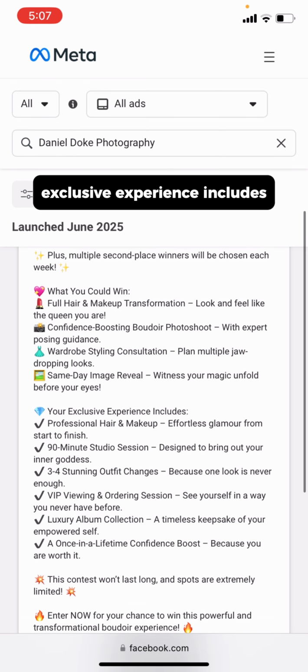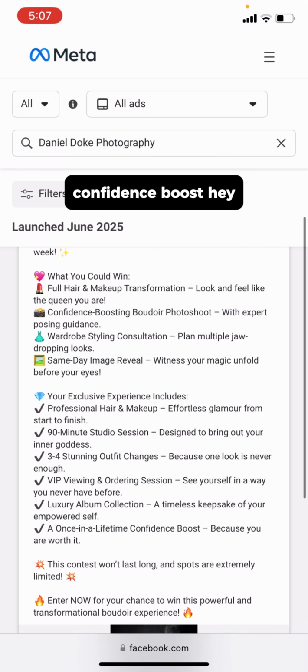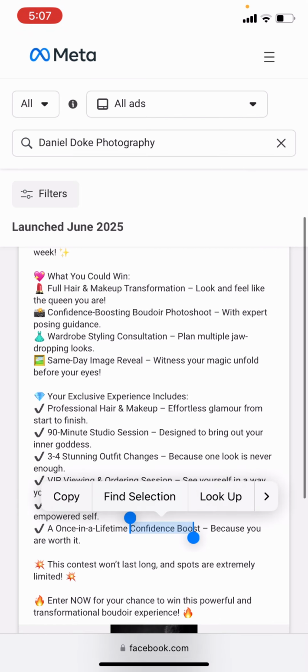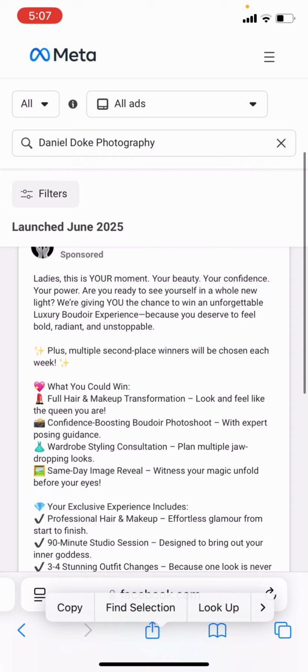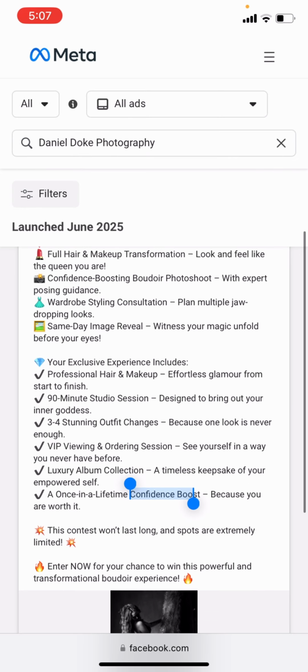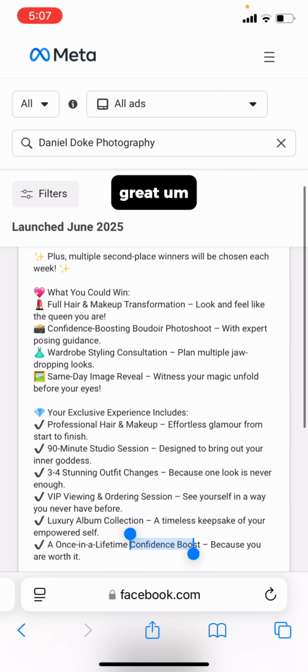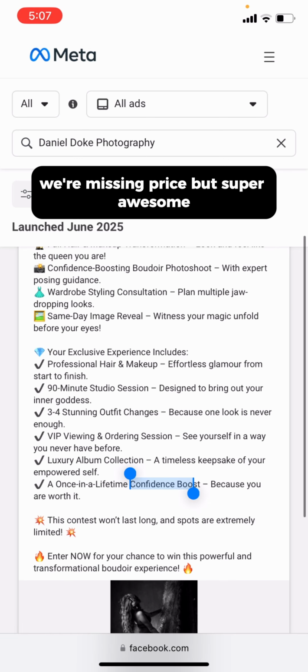Exclusive experience includes, boom, 90-minute, good, 3 to 4, boom. Viewing and ordering, boom, boom. Confidence boost. Hey, confidence boost, that's a positive. Confidence boosting, that's a positive to be in the headline. You're worth it. Spots are limited. Great. The only thing is, we're missing price, but super awesome.